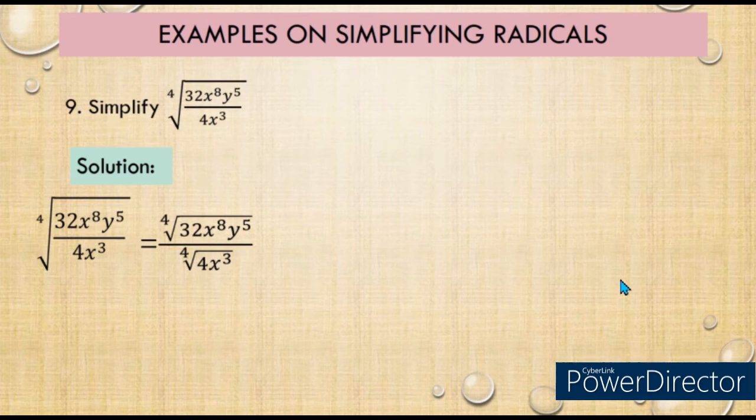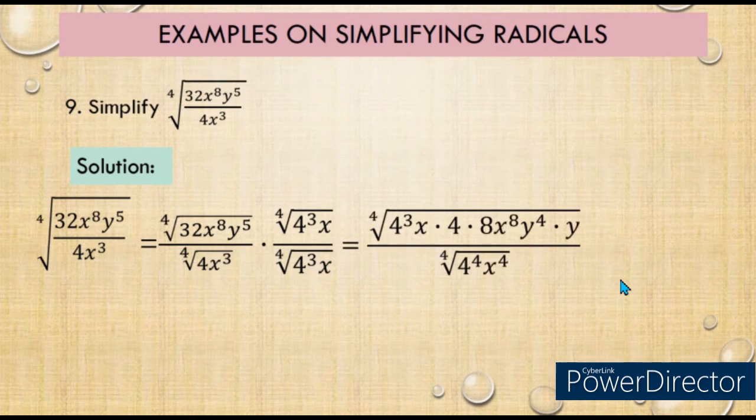Okay, so we're going to multiply both sides by the fourth root of 4 raised to 3 times x. Okay, so we have the fourth root of 4 raised to 3 times x times 4 times 8.